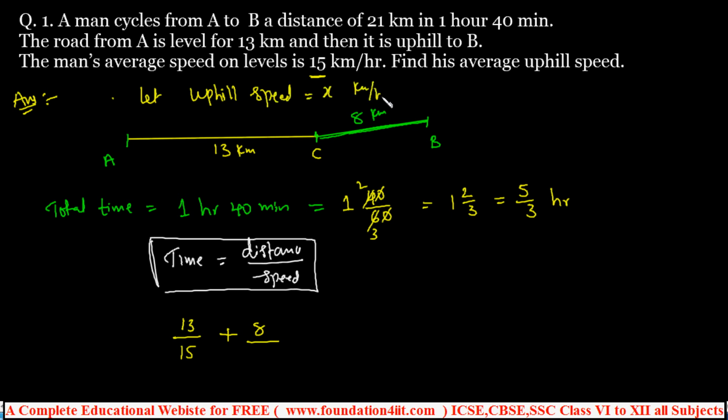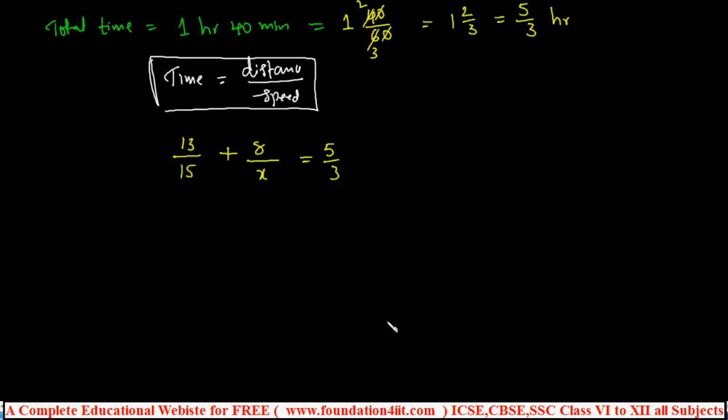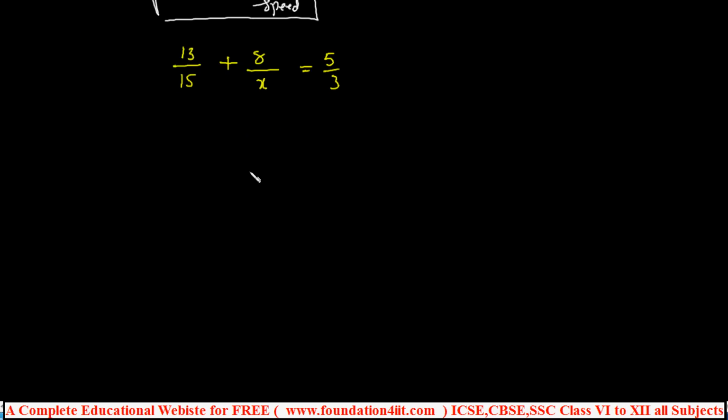Then 8 by x is the time from C to B, and 13 by 15 is the time from A to C. That is nothing but 5 by 3, because the total duration is 5 by 3 hours. Time is distance by speed: 13 kilometers at 15 kilometers per hour, and 8 kilometers at x kilometers per hour. Now this is the equation. If we solve this, we can find the x value directly.